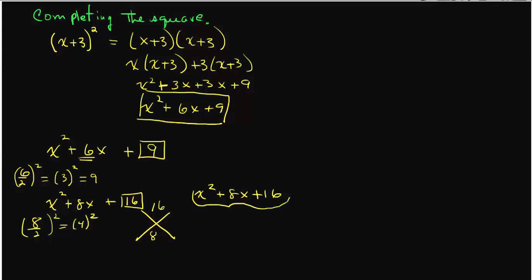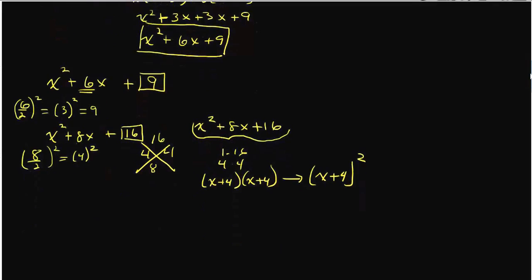The factors of 16 that give me 8: well, 1 and 16, but 4 times 4 works perfectly. 4 and 4 plus 4 is 8, 4 times 4 is 16, so all I have to do now is go x plus 4, and then I can simplify this by condensing it to x plus 4 to the second, which gives us a perfect square.